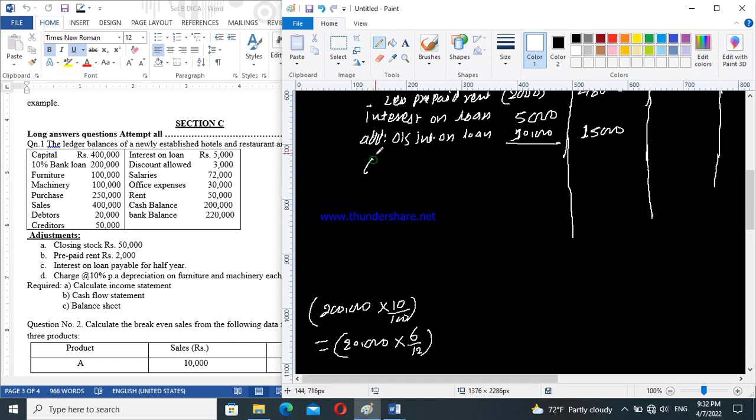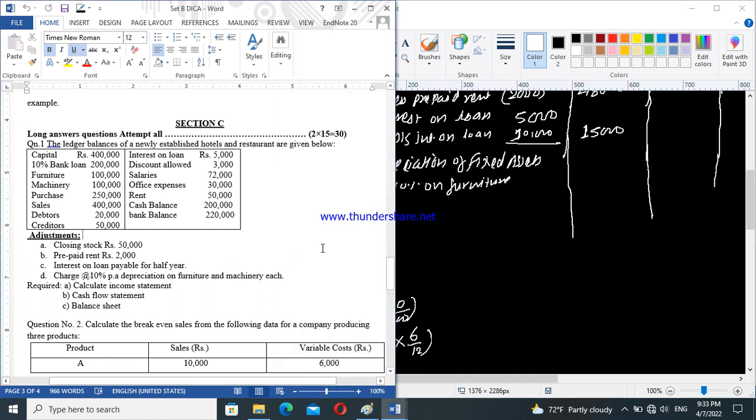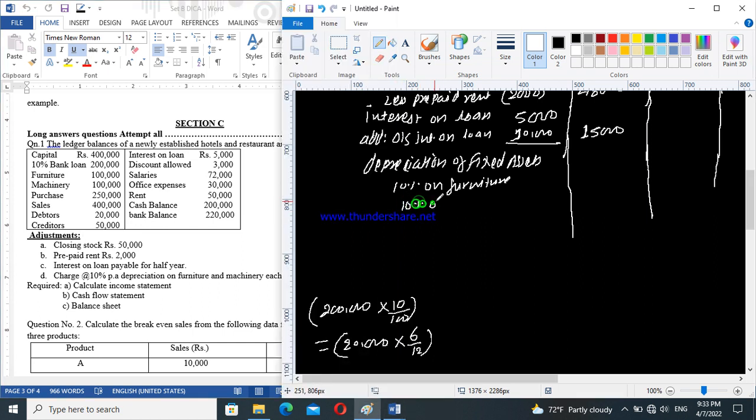Depreciation of fixed assets, how much? 10% on furniture and 10% on machinery.